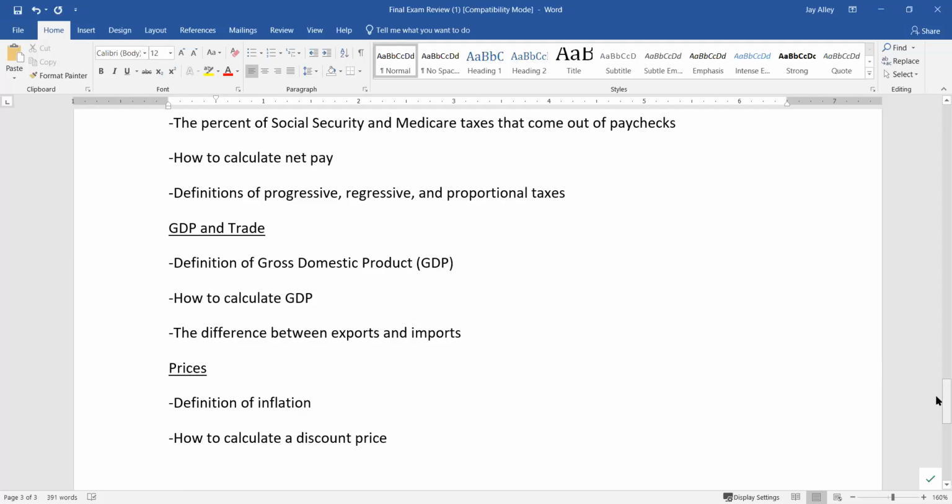But understanding financial foundations in general requires knowledge of all these areas. So if you've got good notes on all of these things, it should be no problem.